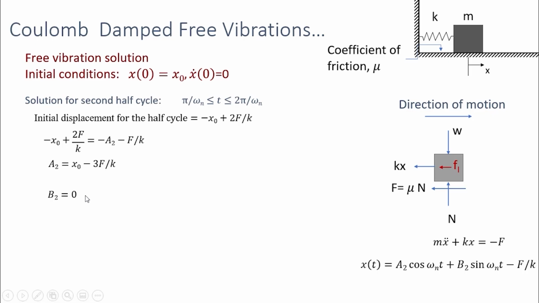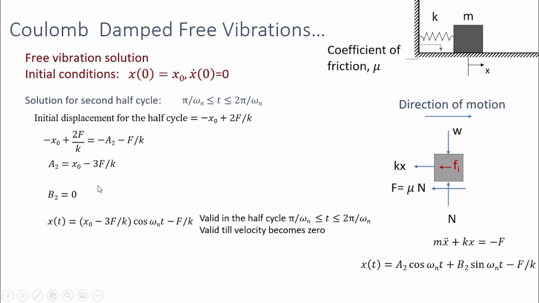And here also, using the initial velocity, which is equal to 0 again, we can find out that B2 is 0. So the total solution for this second half cycle is x naught minus 3F by k times cos omega nt, minus F by k.